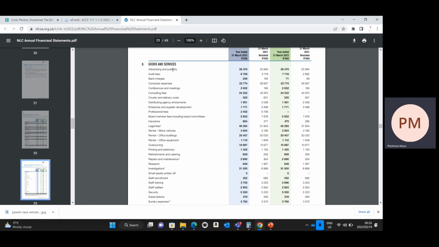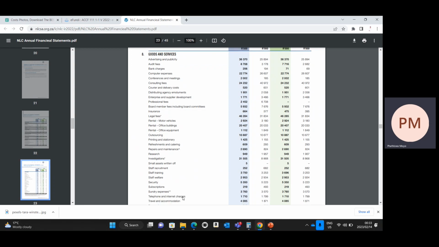Audit fees, computer expenses, conference meetings, refreshments, consulting fees, distribution agency emoluments, enterprise supply development, professional fees, board member fees, rental, motor vehicles, outsourcing, repairs and maintenance, research, small assets written off, staff training, staff welfare, subscriptions.